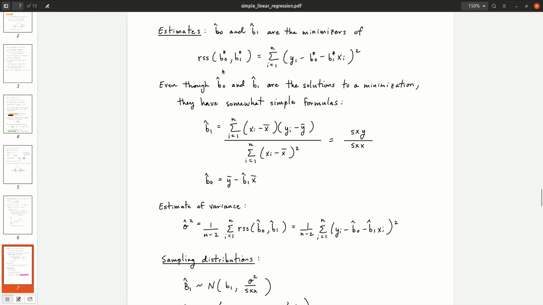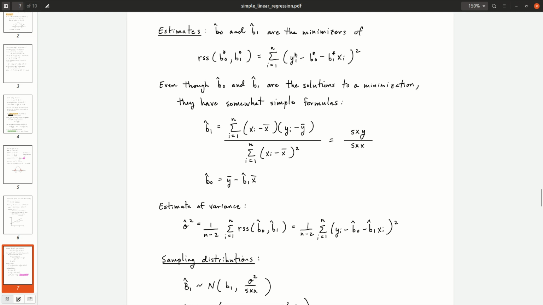Okay, so here it is. Now the residual sum of squares criterion is going to depend on two numbers, our candidate for the intercept and our candidate for the slope. And this is the criterion. So we're just going to take yi. This should have a hat over it. This is yi minus b0 star minus b1 star xi.